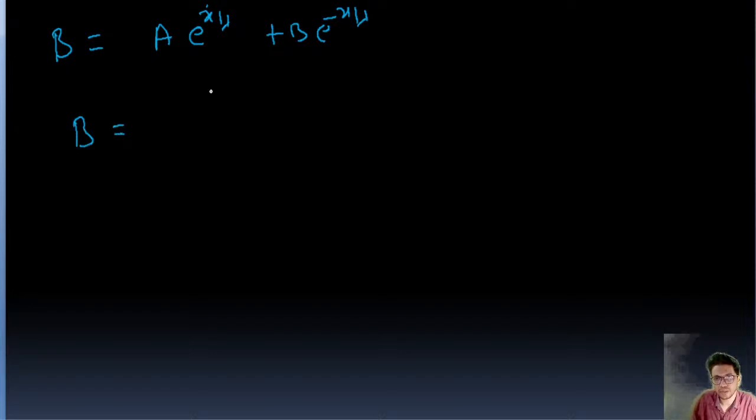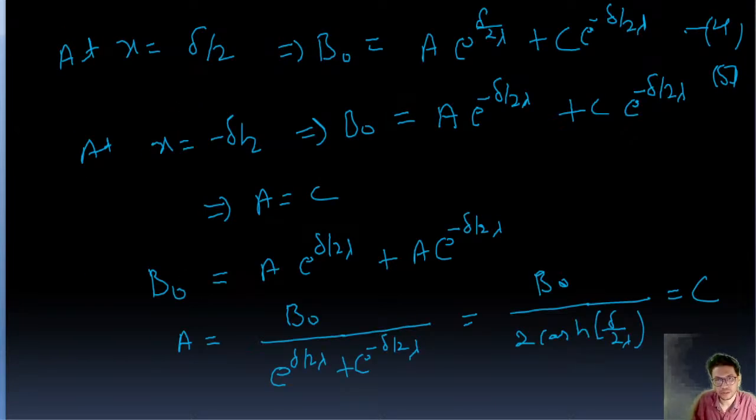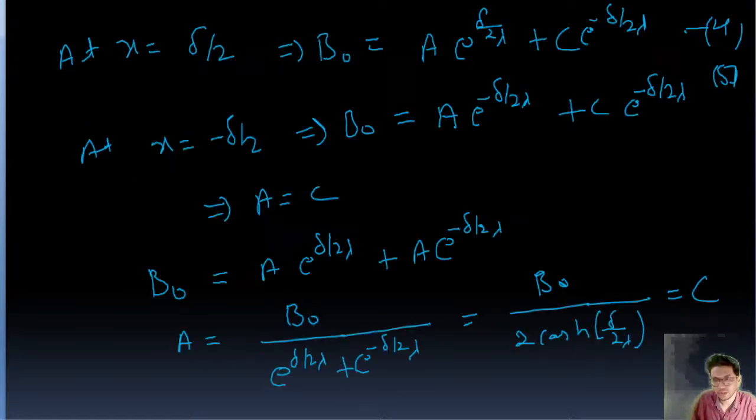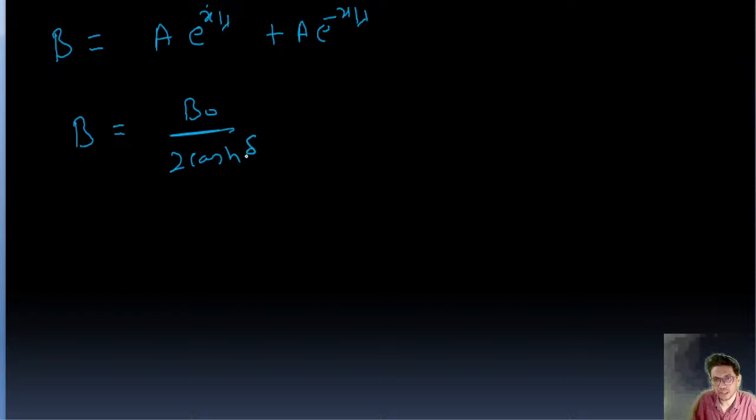So value of B is going to be, sorry, this is C, and A and C are the same, right? In place of C, I'll take A common, so I'll just put the value of A. This is B naught upon 2 cos hyperbolic delta upon 2 lambda, and this is going to be e to the power x by lambda plus e to the power minus x by lambda.